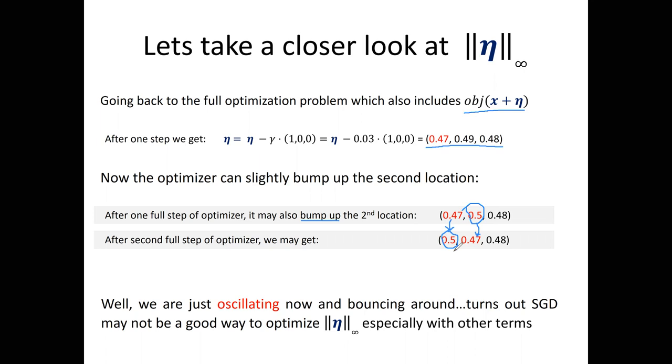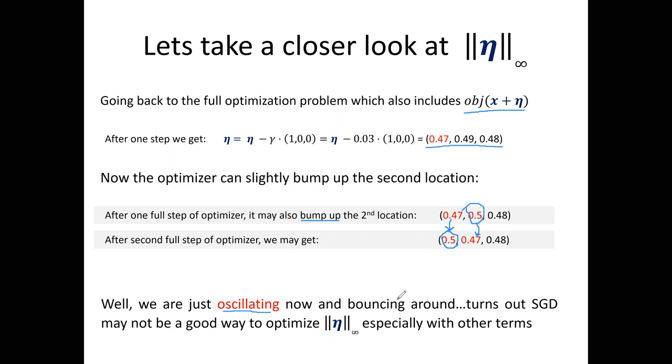So one dimension may be reduced because we're trying to minimize eta, this L infinity norm, and the other dimension may be increased because we're trying to optimize the opt function. So you can end up with this oscillation and bouncing around.